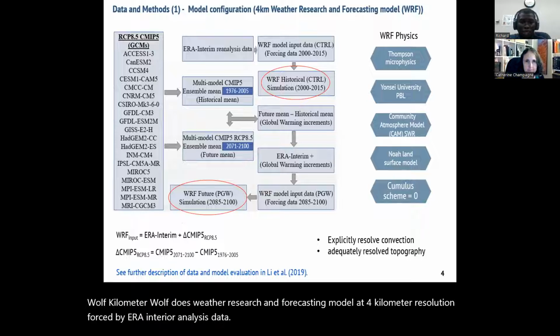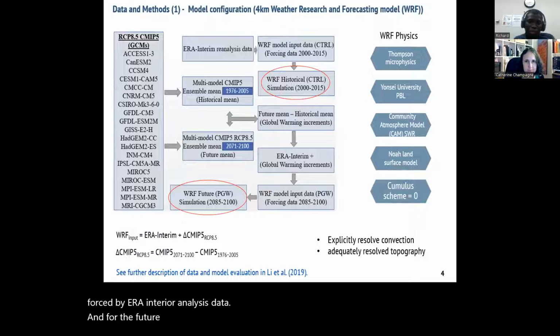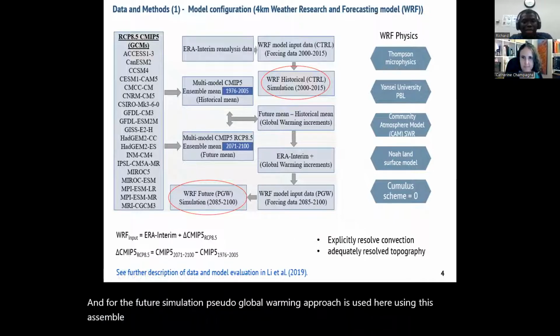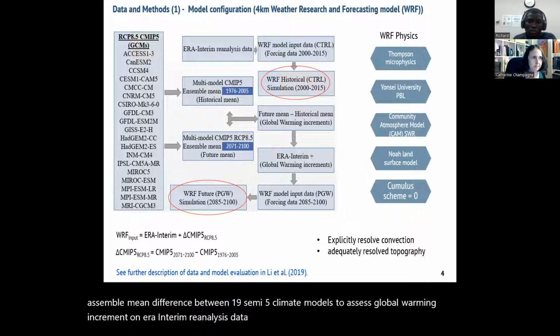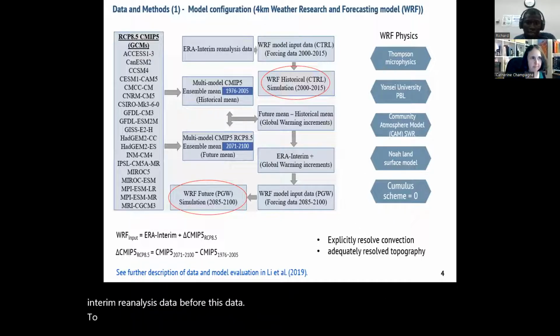And for the future simulation, the pseudo global warming approach is used here, using the ensemble mean difference between 19 to 75 climate models as a global warming increment on ERA-Interim reanalysis data to force WRF for the future simulation. For more details about this data and model evaluation, see Lee et al. 2019.